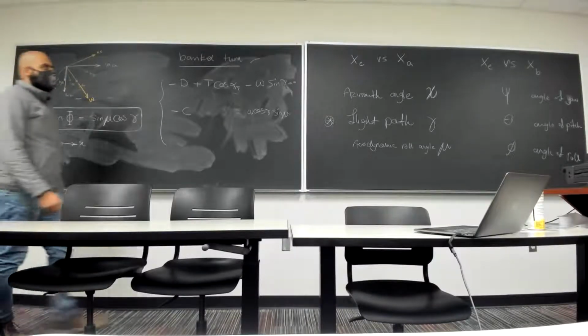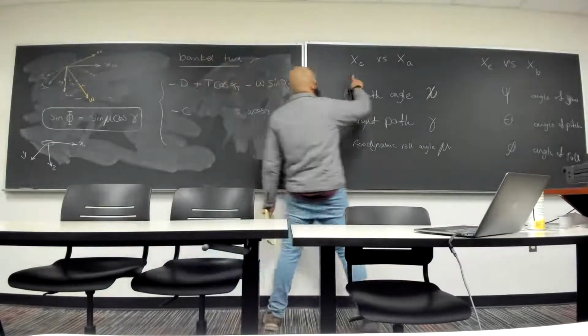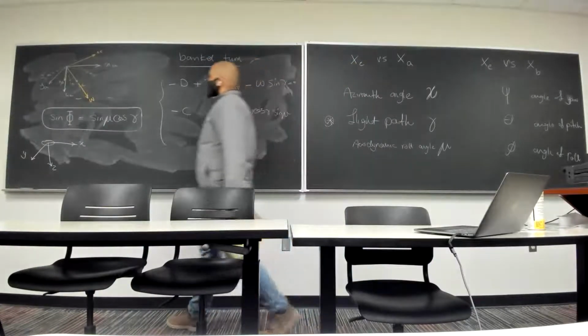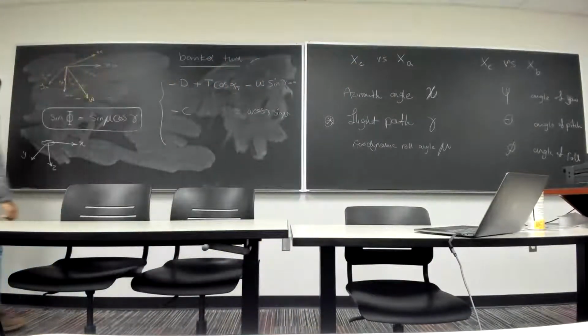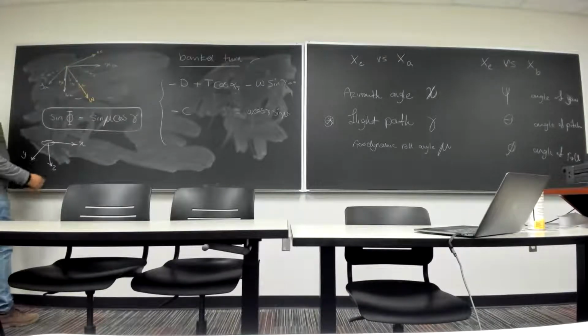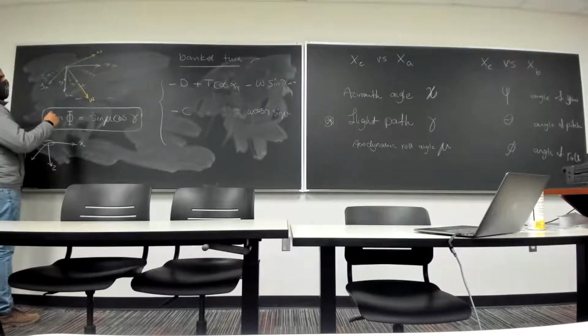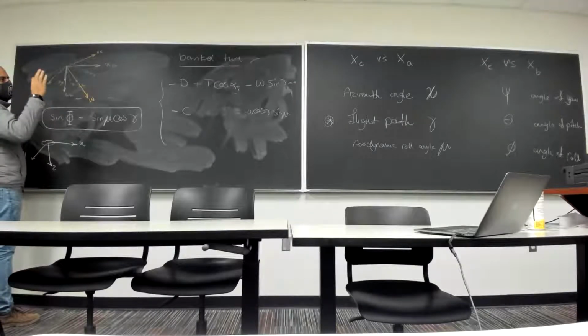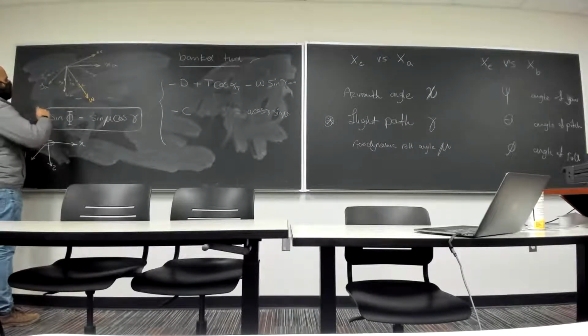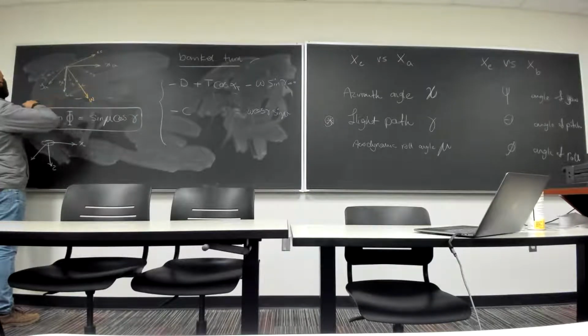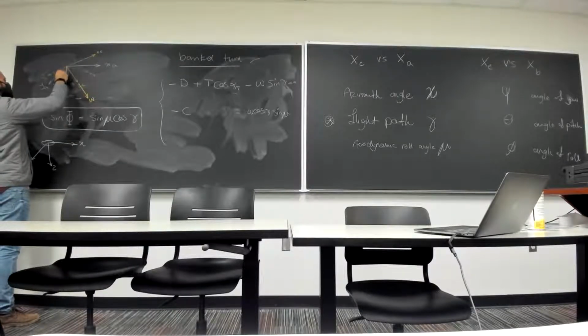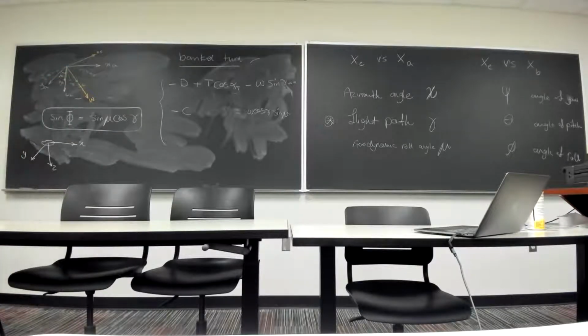The angles between E and A, right? The angle omega is going to be the angle between YE and YA, right? So what is this? This is already confusing. YE and YA, right? This angle is going to be your angle omega.